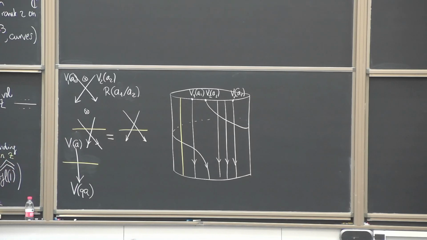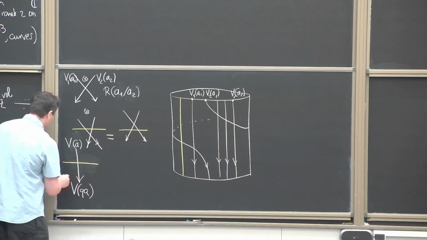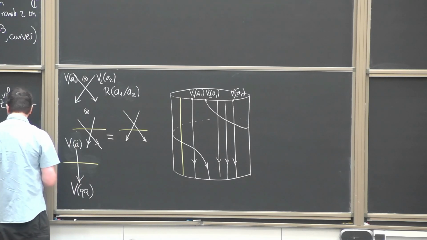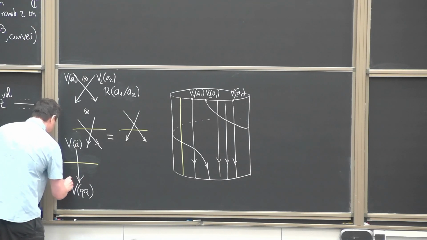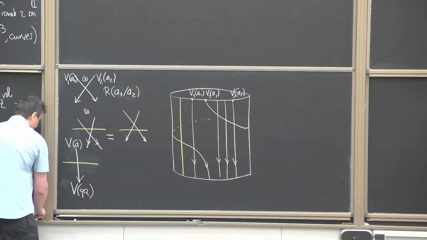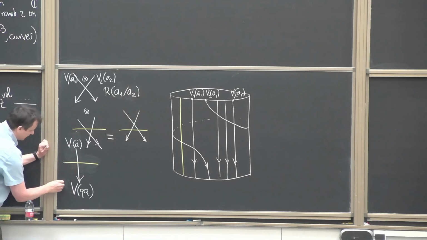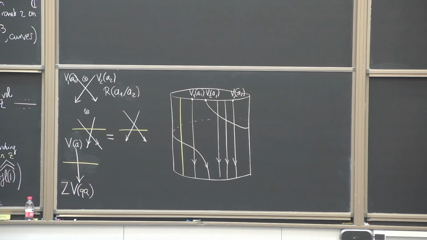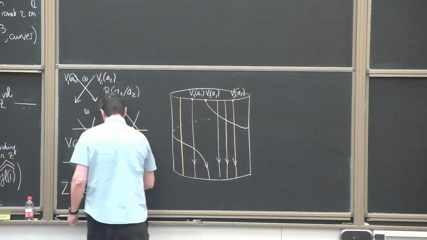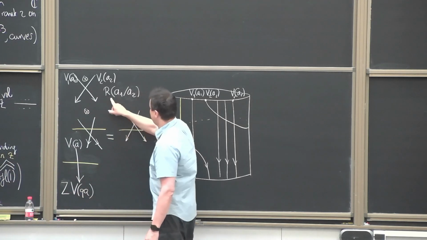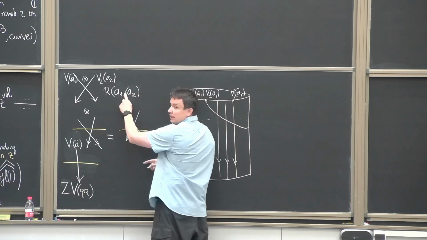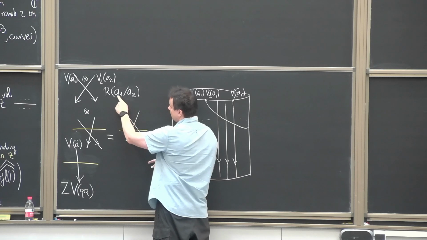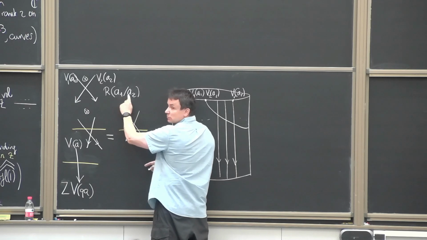And also I can act by any element. I'll write Z capital. This is a representation of some quantum group, so I can act by some element. And what I require from this element, the condition, is that this depends only on the ratio.